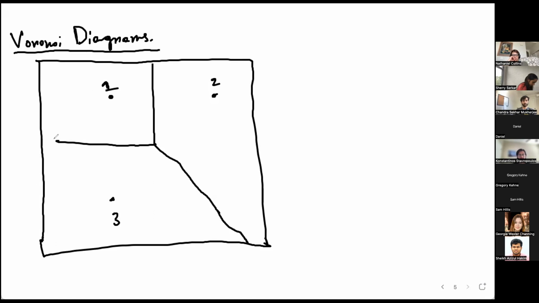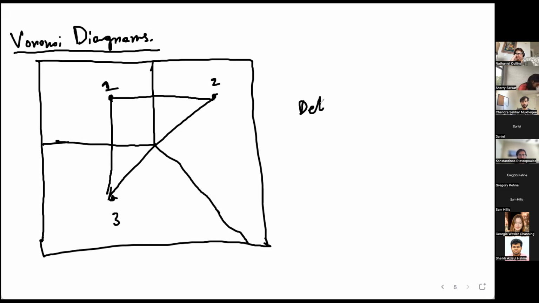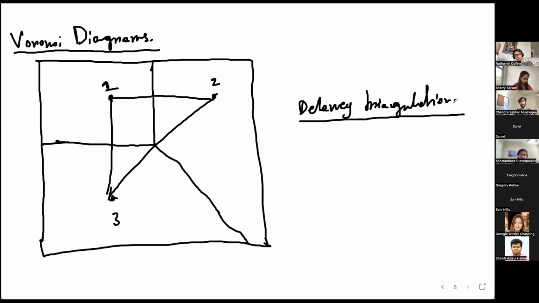Now you can also have Voronoi diagrams in higher dimensions, but let's just look into the two-dimensional case. So this is a very simple construct, and these are called Voronoi diagrams. And if you take these points and join the 2 points who share a line between them, like this, then you get something called the Delaunay triangulation. The Delaunay triangulation is probably not clear from this picture, because the point is that no matter how many points you have, when you create a Delaunay triangulation of it, it looks something like many triangles.